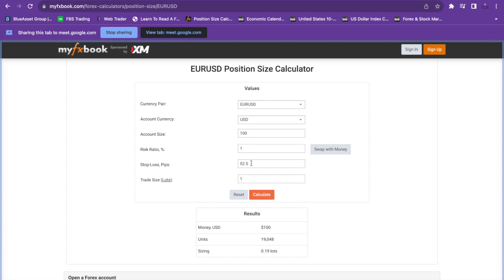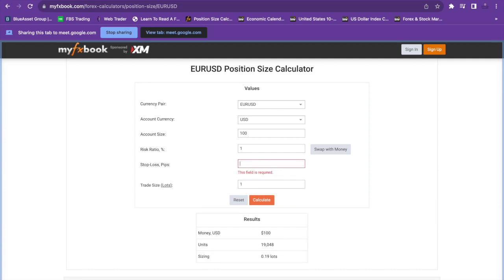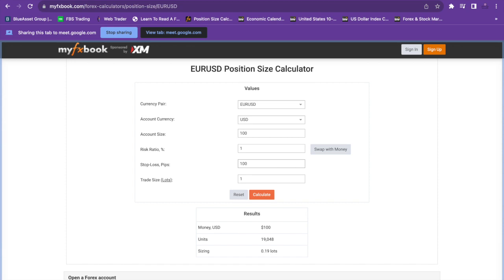Now, stop losses. On average, our market moves about 100 pips. When we hedge, we're about 100 to 200 pips. So let's say we get in the middle, 150 pips. That's normally where we've got to hedge and take an opposite trade. So we want that play in our account of 150 pips.